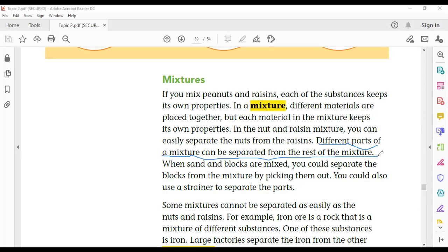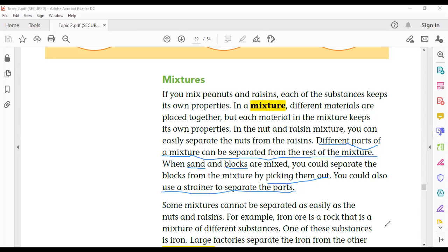Another example, when sand and blocks are mixed, you could separate the blocks from the mixture by picking them out. So in most mixtures, you can easily separate the components. You could also use a strainer to separate the parts. So there are also many methods to separate a mixture.